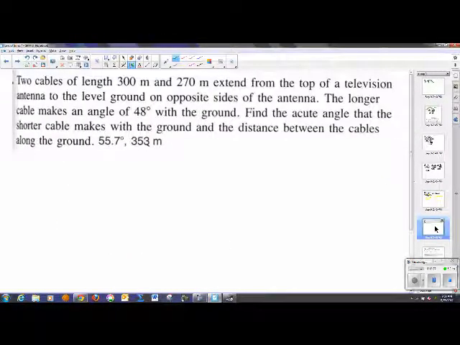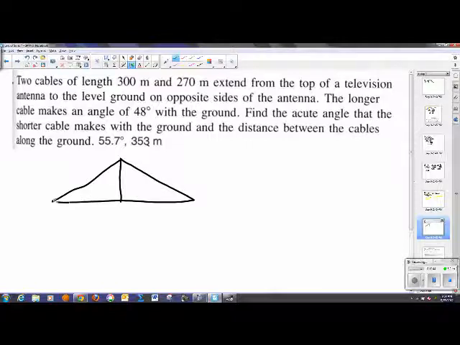So we have an application problem where we've been told we have an antenna standing straight up and then 2 cables attached to the ground on either side. And it says the longer of those 2 cables is 300 and the shorter of those 2 cables is 270.